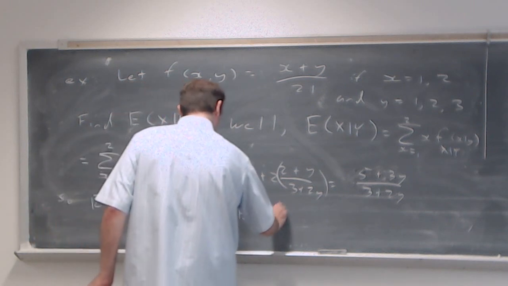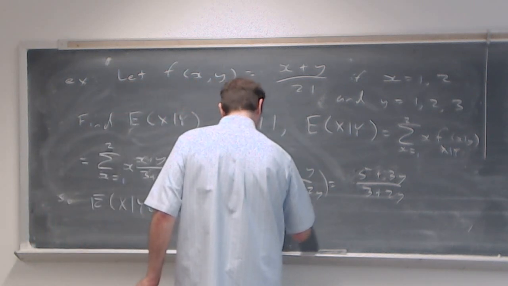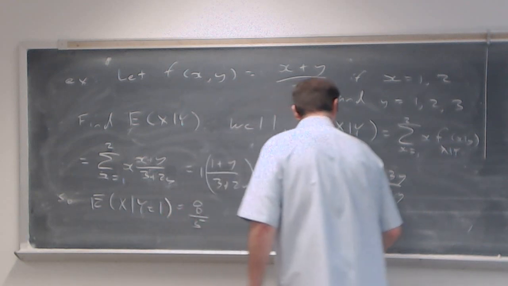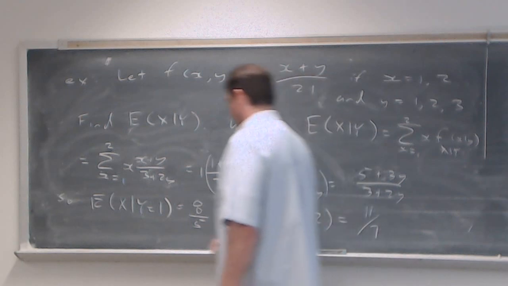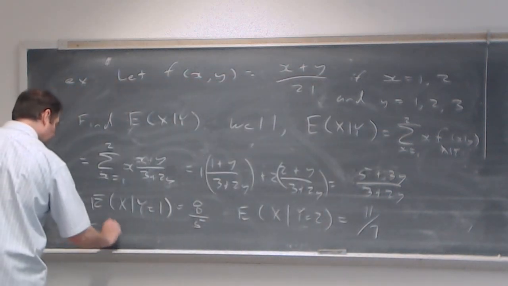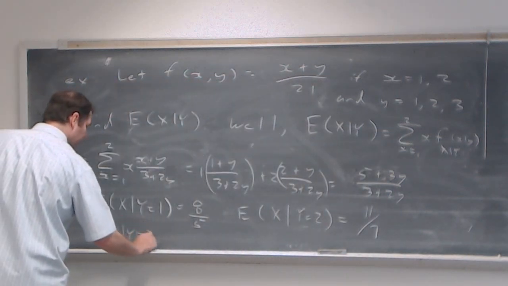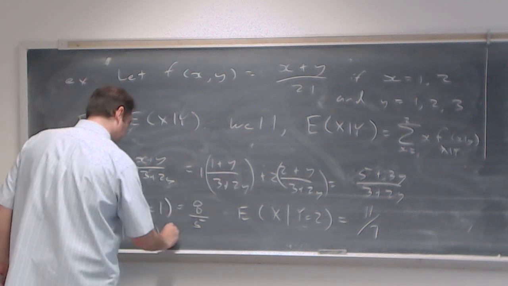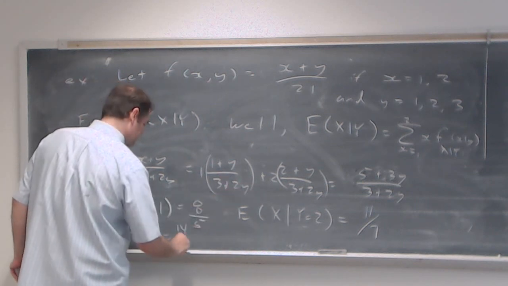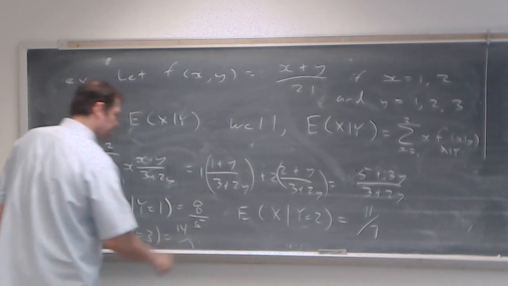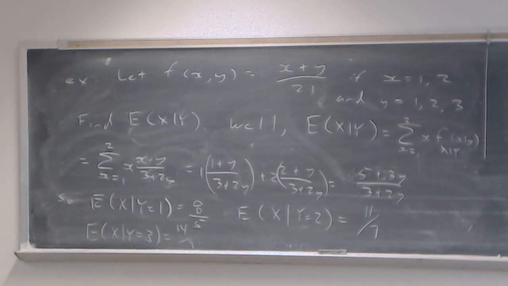The expected value of x given y equal to 2 is going to be 11 over 7. And then finally, the expected value of x given y equal to 3 is going to be 14 over 6 plus 3, that's 9. Okay? Those are our answers.